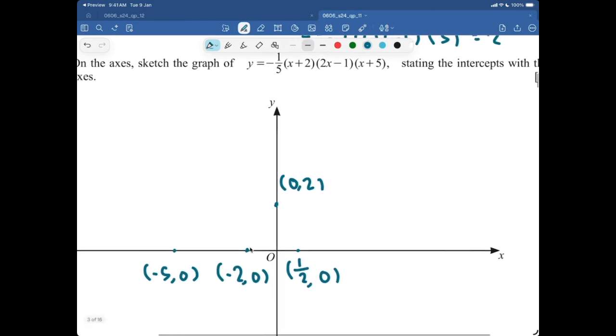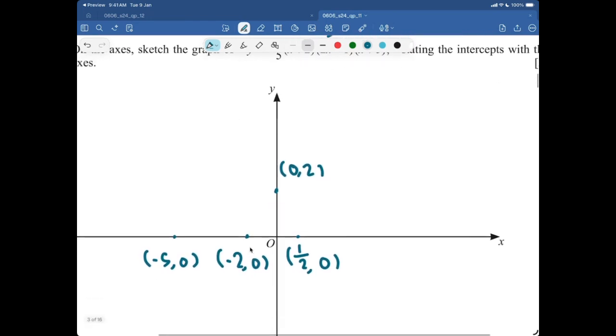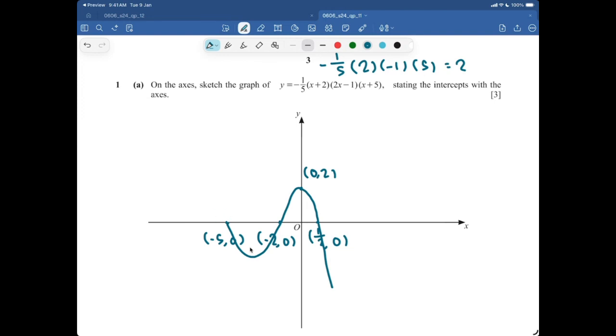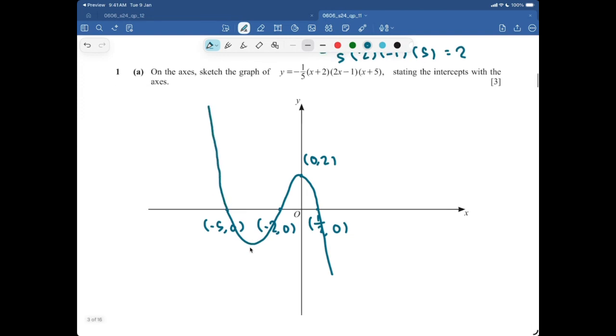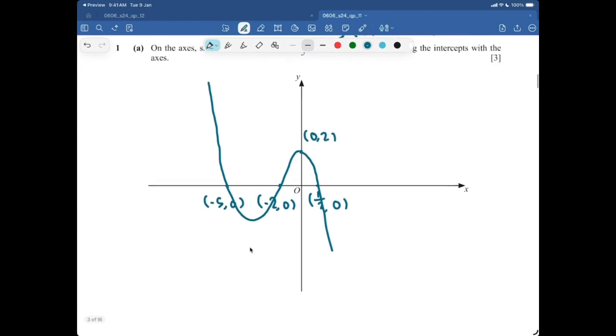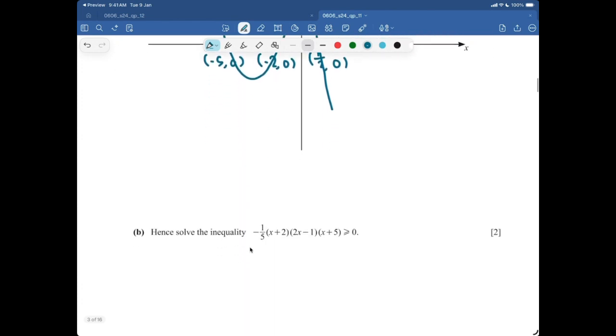So I could guess the shape of the graph to be something like this. Sorry for the drawing. Or something like this. So I guess if you just have the intercepts correct and the general shape correct, you have the full credit.